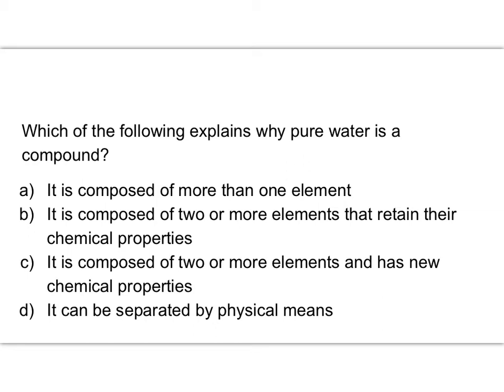Which of the following explains why pure water is a compound? So this is looking at what is the definition of a compound. Well, a compound does have to be made of more than one element, but they don't retain their chemical properties.